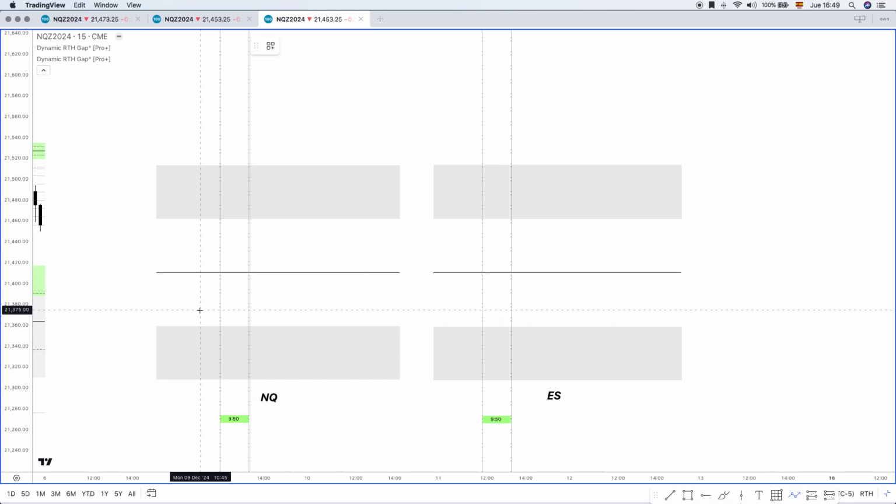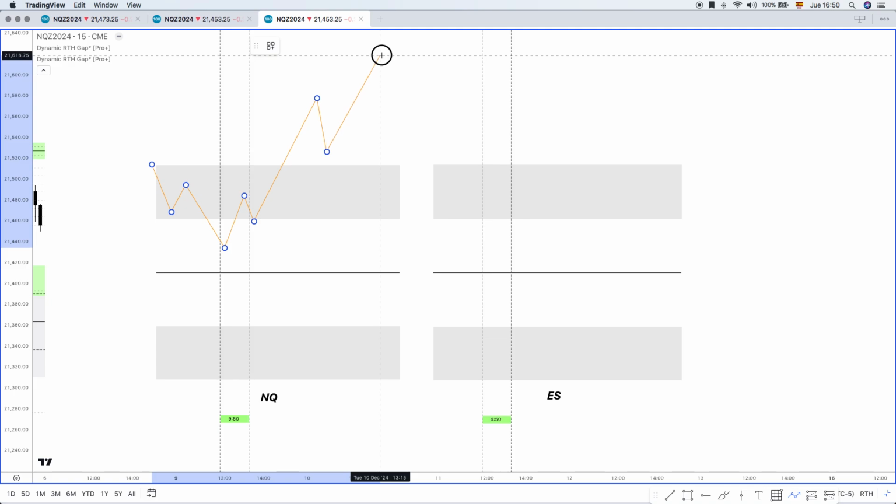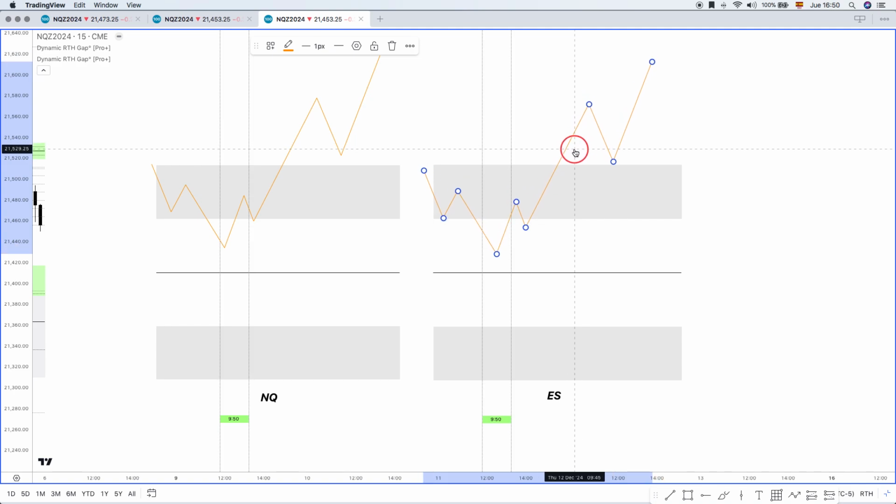So imagine that you're bullish, you're expecting higher prices, and Nasdaq opens, this is a 930 opening, moves lower, reaches the upper portion, and at the macro, price begins to move higher and leaves the gap. Okay, but another way, on ES we have this scenario.